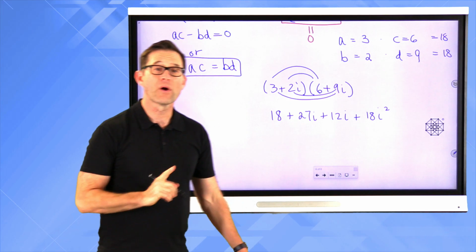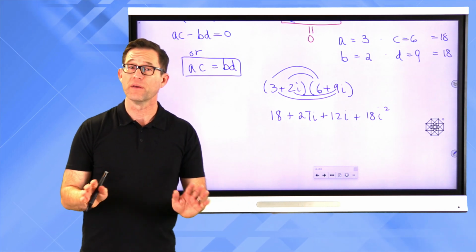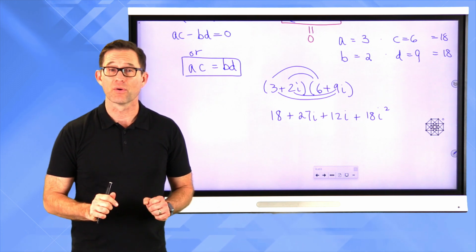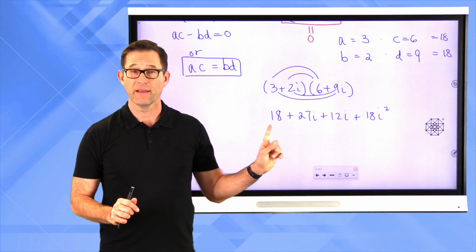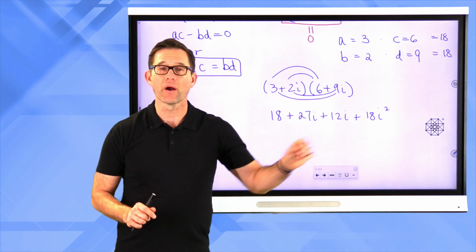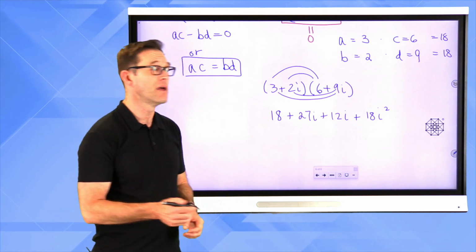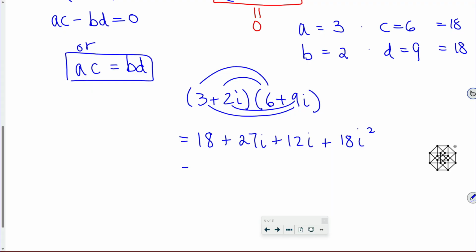You can probably already see why this is going to be purely imaginary. Here I've got 18, and 18i squared is going to become a negative 18, and those two real components are going to cancel. So I'll have 18 plus 39i minus 18. Those two cancel, and I'm left with 39i.